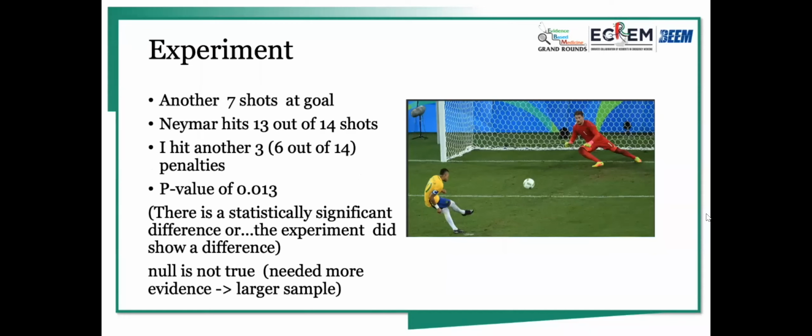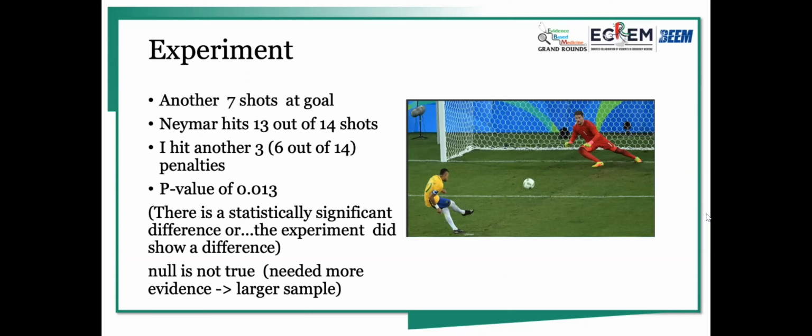So we decided to say, what's going on here? Let's go ahead and just shoot another 7 shots at goal. And Neymar goes again, and he hits 6 out of those 7. So he gets 13 out of the 14 shots. And I go on my average. I get 3 additional goals out of the 14 for a total of 6 out of 14.